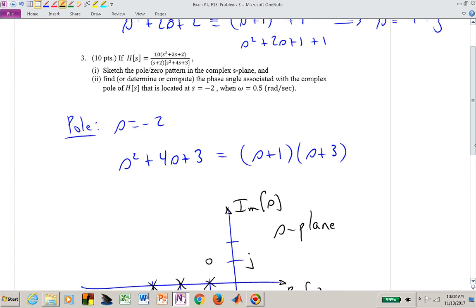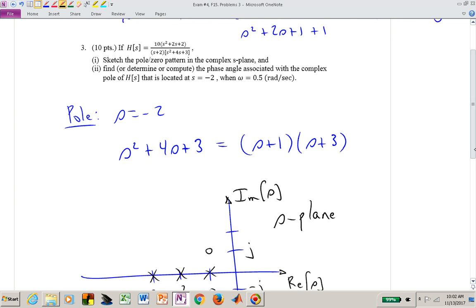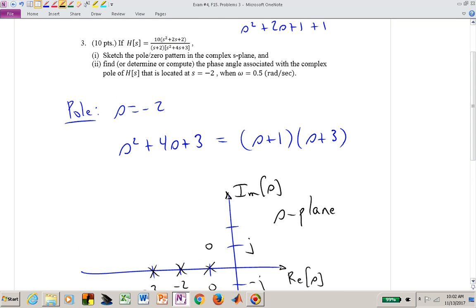Part B asks us to compute the phase angle associated with the complex pole of H of s that is located at s equal to minus 2. And if we look, we don't have any complex poles, so I've actually had a typo here.